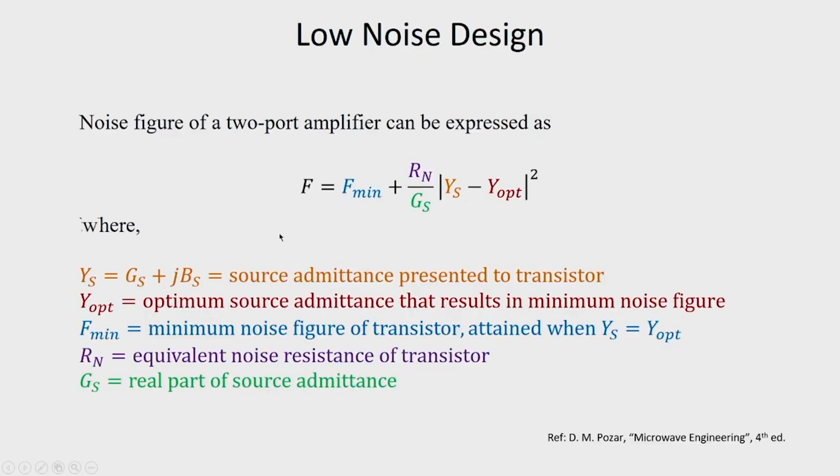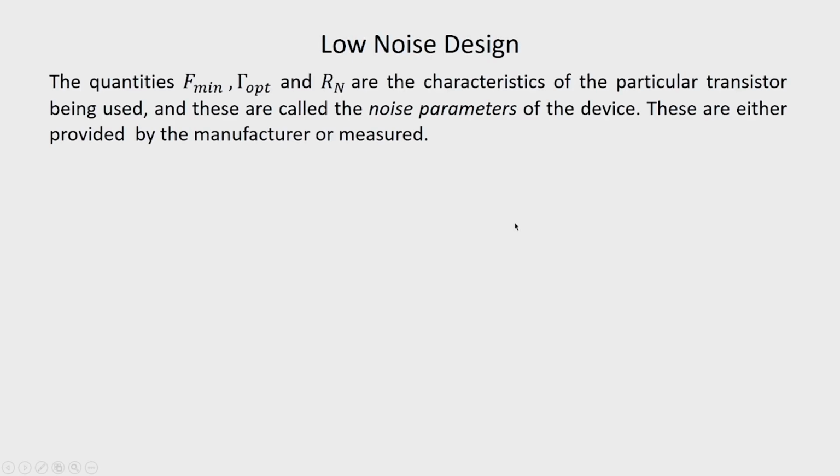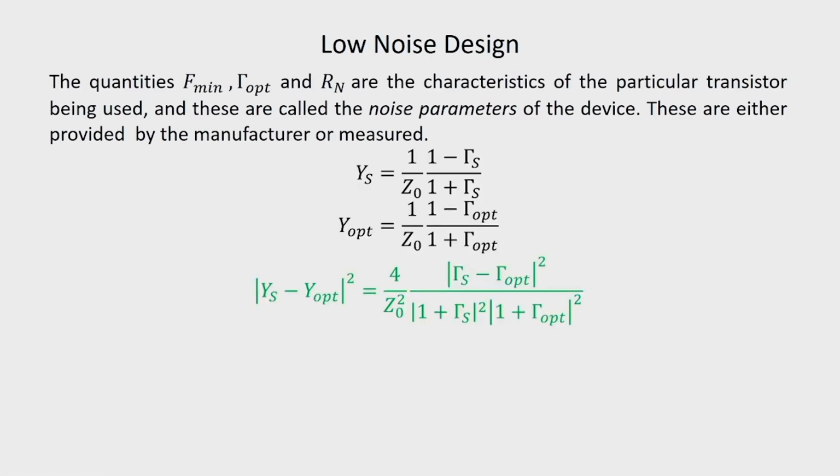Now, in the expression for f, we have mod of y s minus y opt square. So, this term can be calculated from y s and y opt, and also g s, which is the real part of y s, can be calculated.